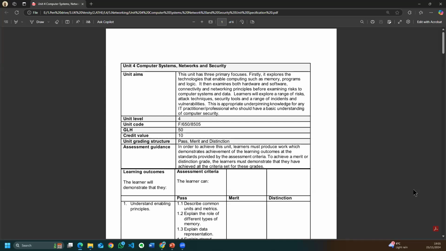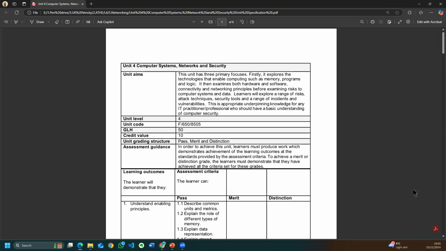So we will look into the hardware side of things. And then we're also going to examine the software side of it, the connectivity and networking principles.